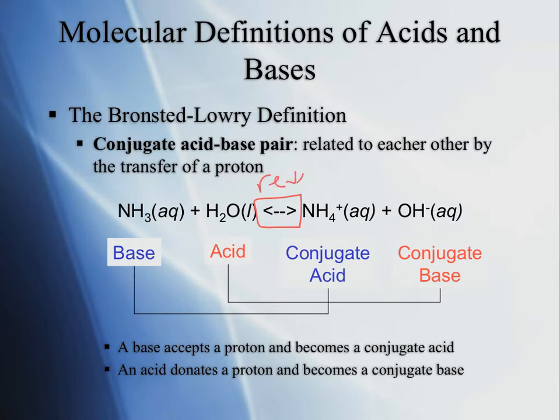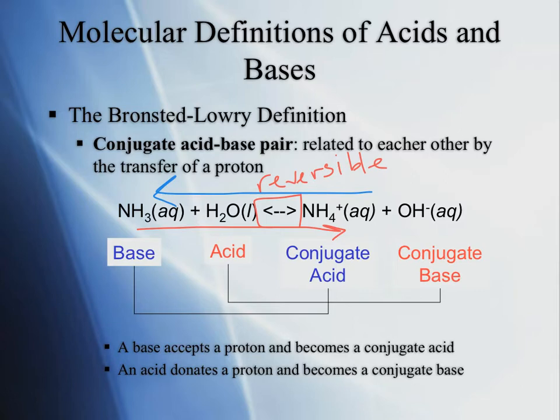That means it can go in either the forward direction or the backwards direction. So we can have NH3 plus H2O reacting to make NH4 plus OH, or in the backwards direction, NH4 plus and hydroxide ion can react with each other to make the NH3 and the H2O again. So that's what a reversible reaction is.